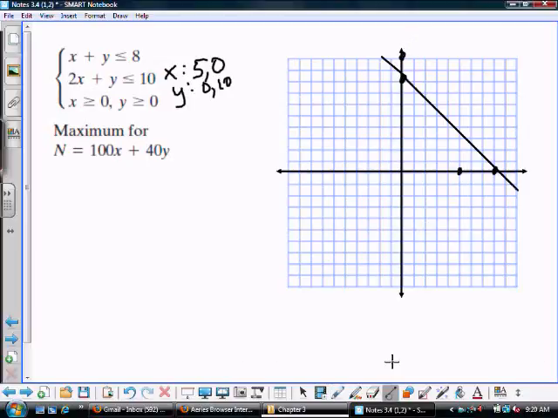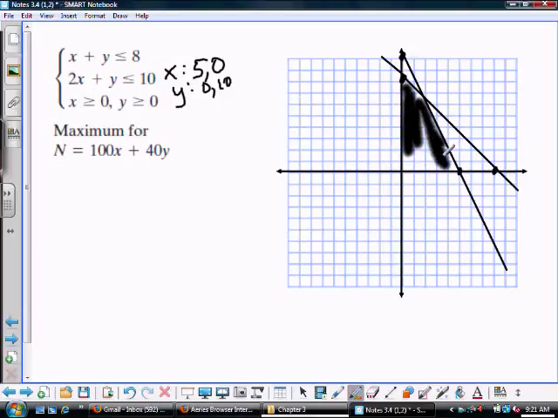Solid line again. Looking like that. And that was a less than. 0 plus 0 is less than or equal to 10. So I'm shading below that. So currently my shading looks like below both of those lines.